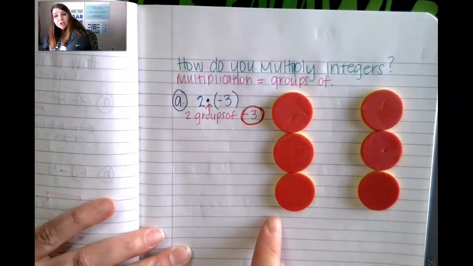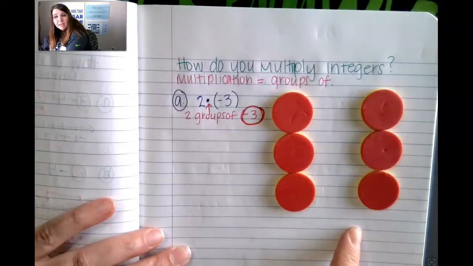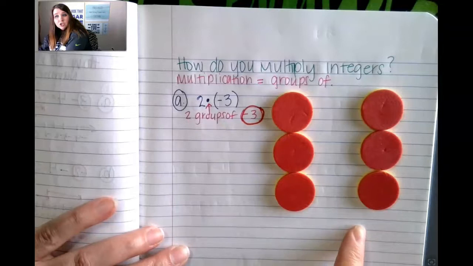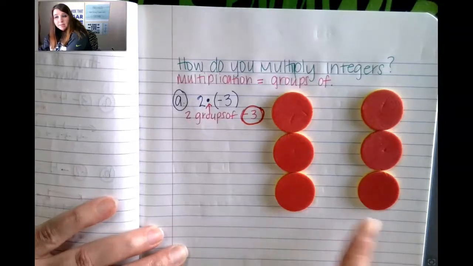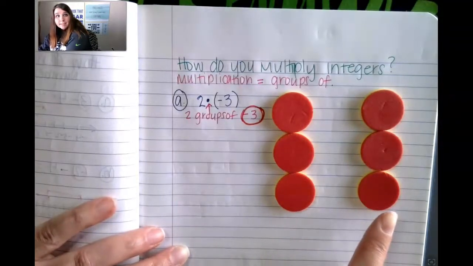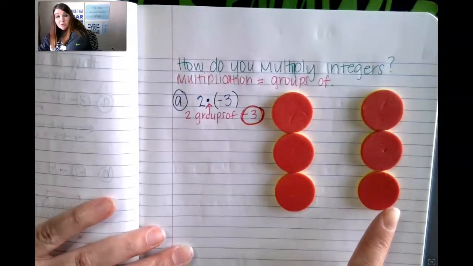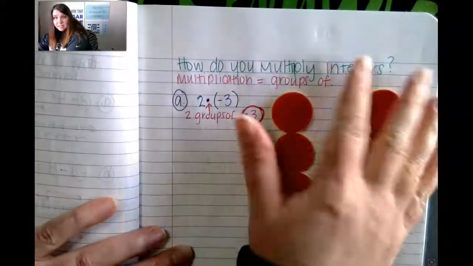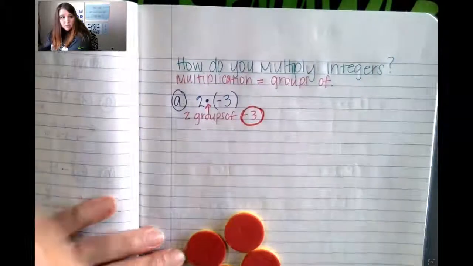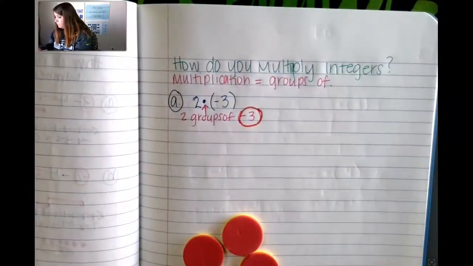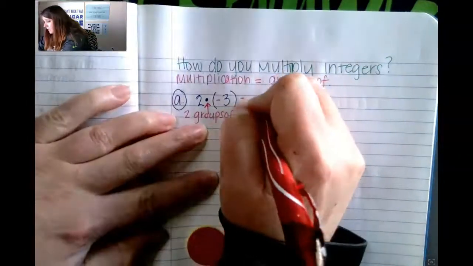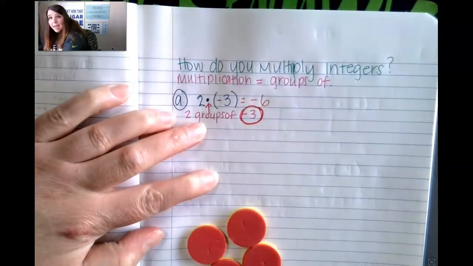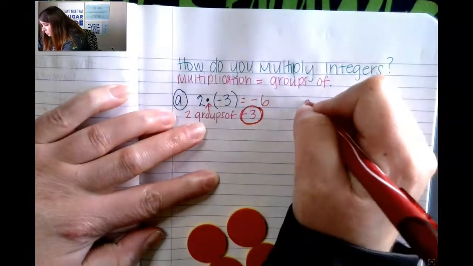Because I have 2 groups of negative 3, I have a total of 3, 6, or 6 negatives. So the total is 6 negatives, or negative 6. So let's put our answer on here. It equals negative 6.